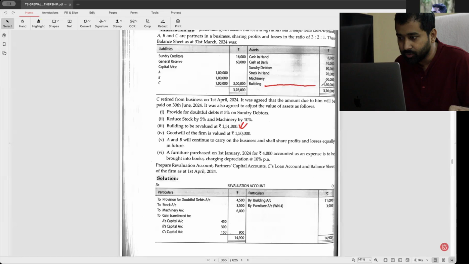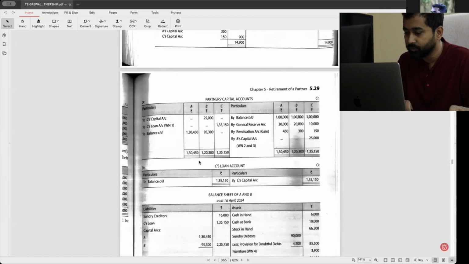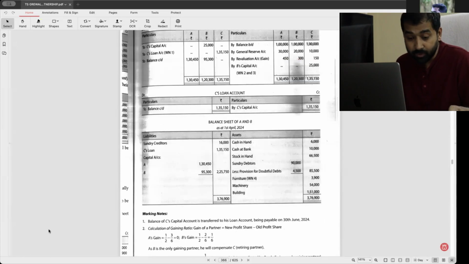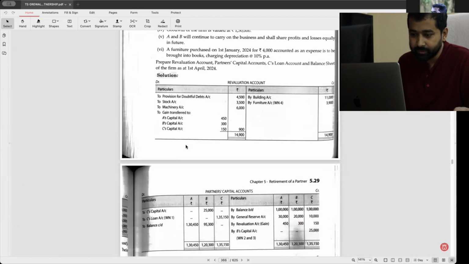From 1,40,000 to 1,51,000, so 11,000 increase. I have written it on the credit side by building, and again as per the rule we are moving directly to the new balance sheet, where I have written building 1,51,000, that is 1,40,000 plus 11,000 increased value.